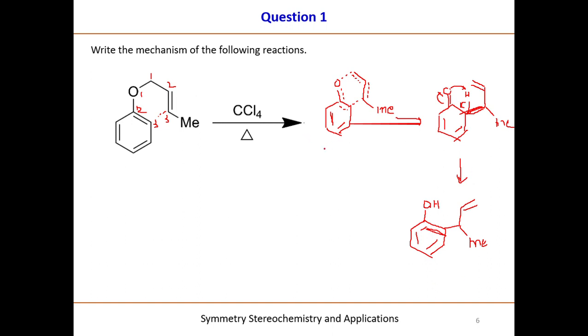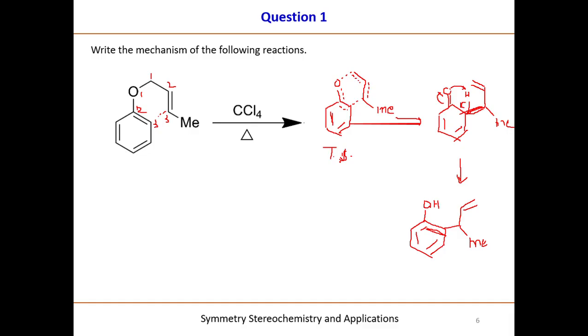And this is the transition state. Transition state. So this comes under pericyclic reaction, or in this case the Claisen rearrangement reaction. The reaction product is achieved by a concerted mechanism.